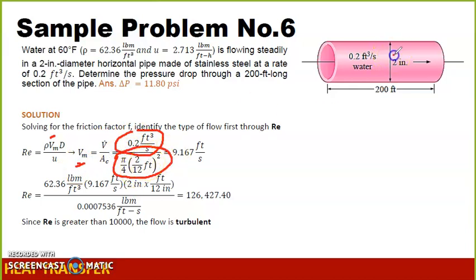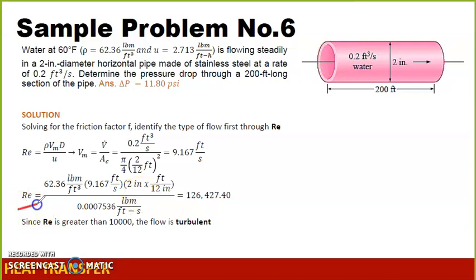Substituting this value here, we convert the diameter from inches to feet, so 2 over 12, so it's now in feet. That's why we have 9.167 feet per second. We cannot use the volume flow rate here, we will use this, 9.167 feet per second.